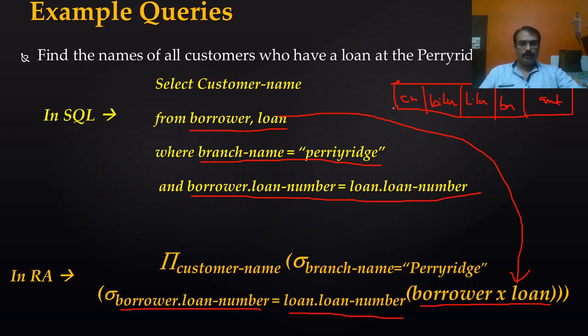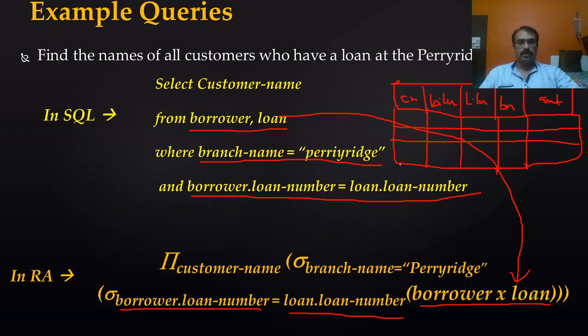Now if it has entries, it is easy for me to see. As I'm assuming that you are comfortable with SQL, every now and then I'll be giving the example of SQL. Where clause works on one row at a time, if you remember. So it will find the first row, and check whether the branch name is Perry Ridge or not.